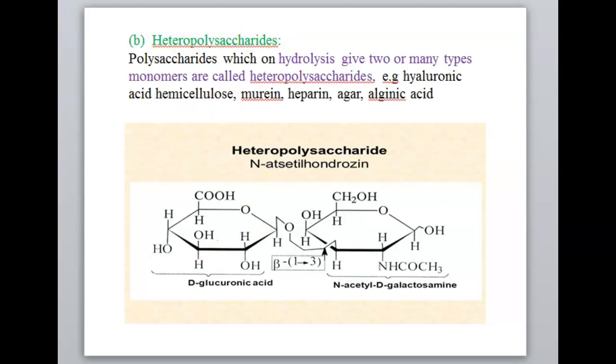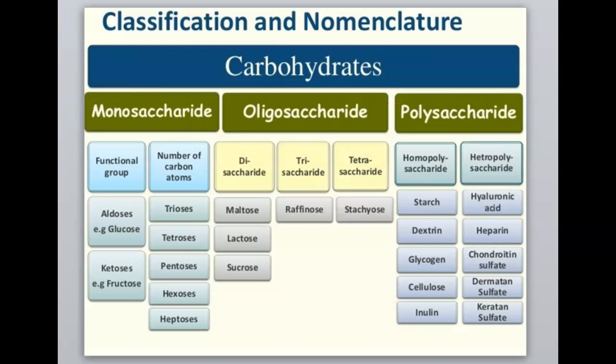Okay, now we see the revision of the classification of carbohydrates. Carbohydrates are classified into three main groups: first is the monosaccharide, second is the oligosaccharide, and third is the polysaccharides. Monosaccharides are classified depending upon the functional groups as well as the number of carbon atoms.